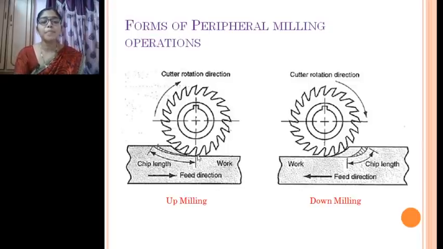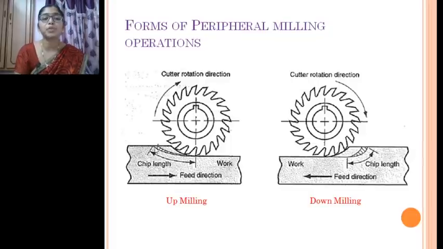Now if you see both the up milling and down milling operation, in an up milling operation you can see the length of the chip is more, whereas in a down milling operation the length of the chip is less.